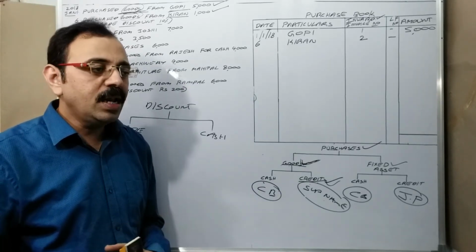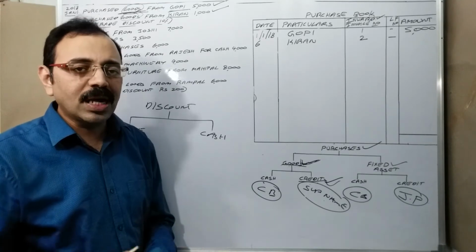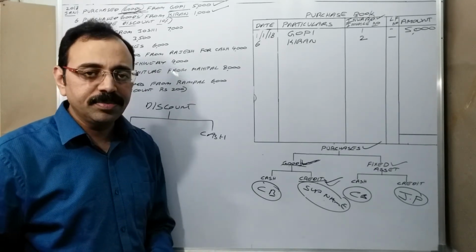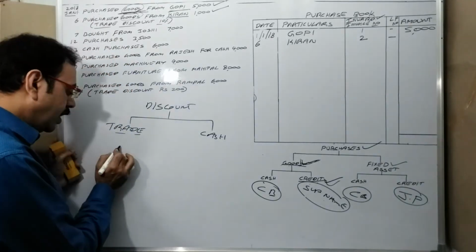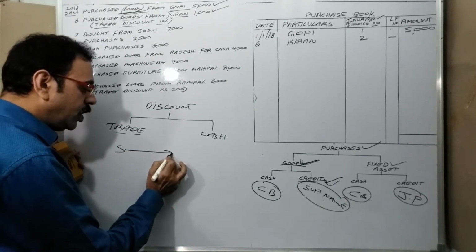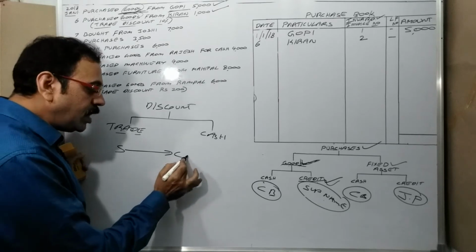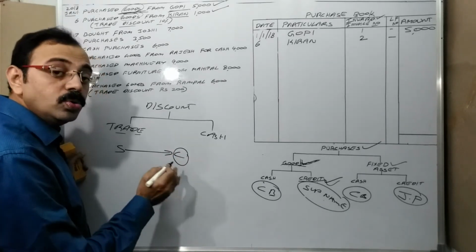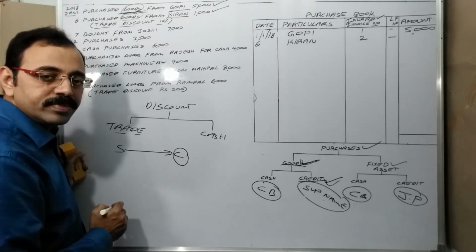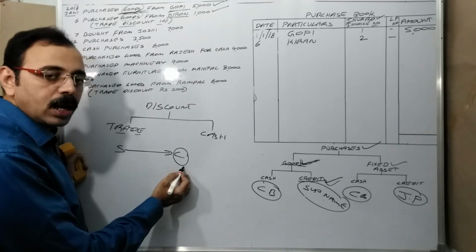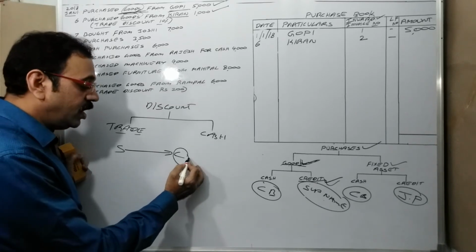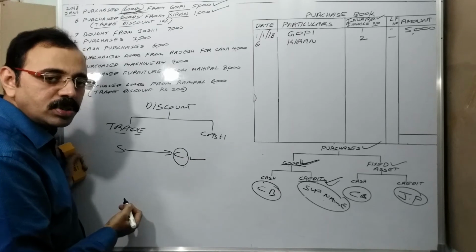Nothing but selling and buying goods and services is known as trade. For example, a seller is selling goods to one customer. Customer is purchasing those goods in huge quantity. Since he is buying in bulk, generally he asks for some discount.